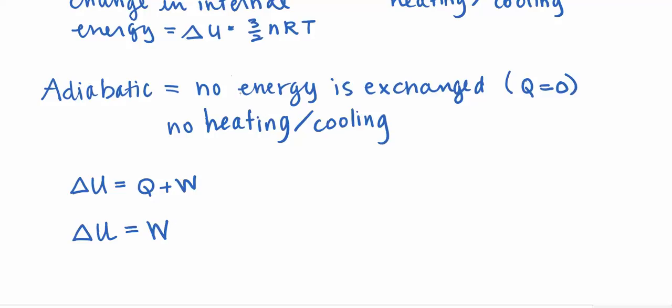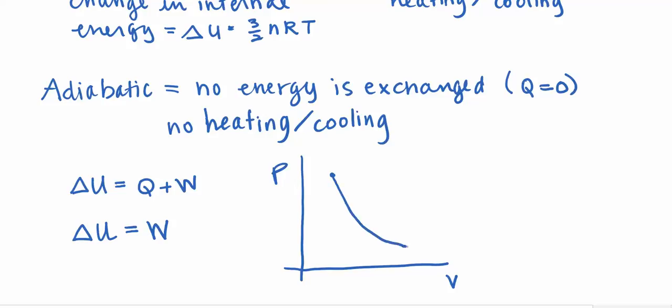How? So the pressure versus volume graph looks a lot like the isothermal process. But it's just shaped a little bit different. Usually it's like isothermal, and then you'll see an adiabatic, and then isothermal, and then adiabatic.